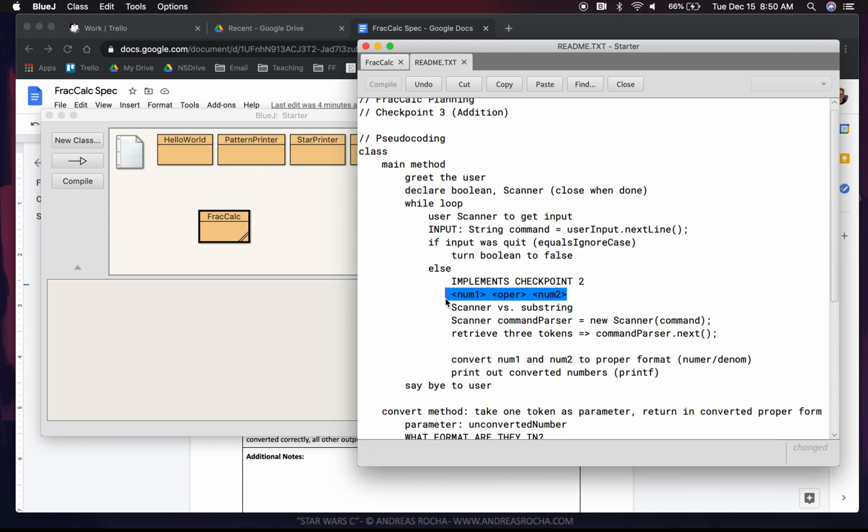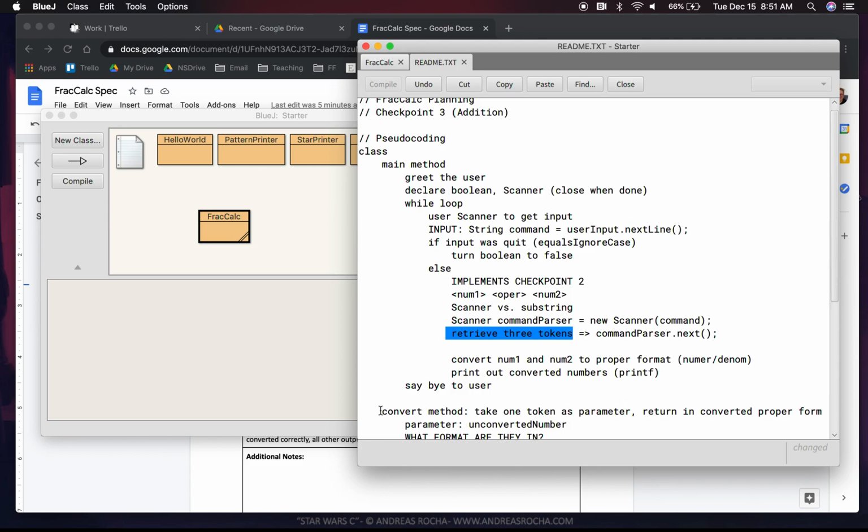And remember what we said in the last video, which is you can assume a valid input, which means a number, a space, an operator, a space, and a number. All right, so we talked about scanner versus substring. I hope you all chose the scanner method. But at this point, you should be holding the 3 tokens, number 1, operator, and number 2.